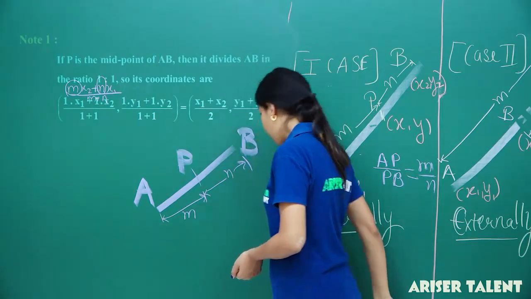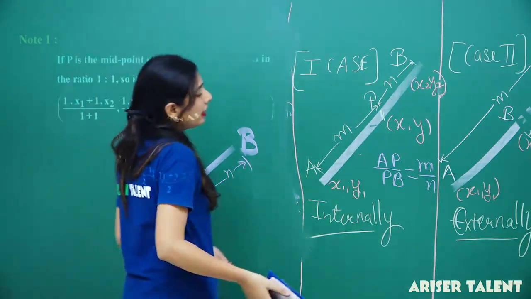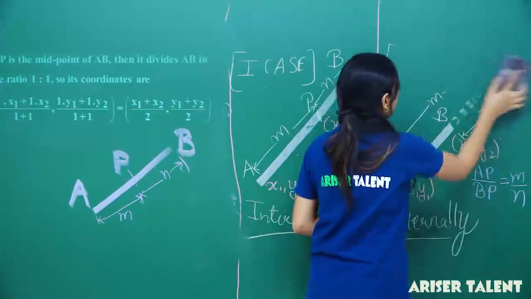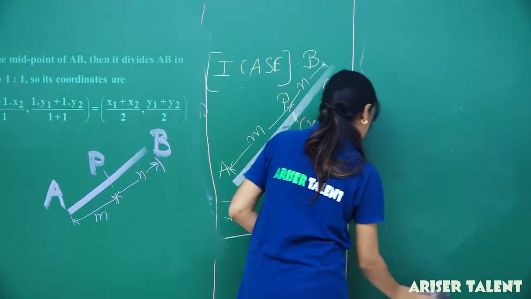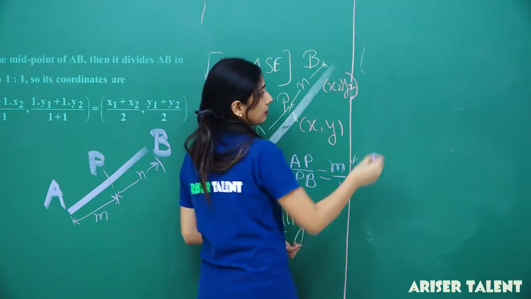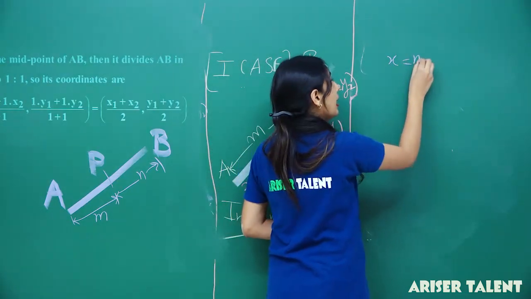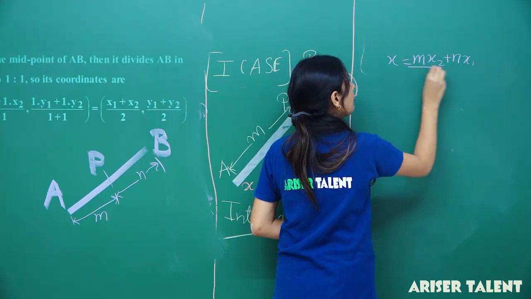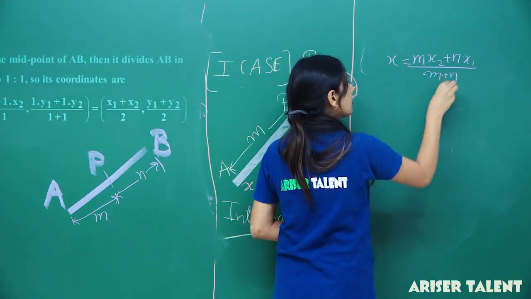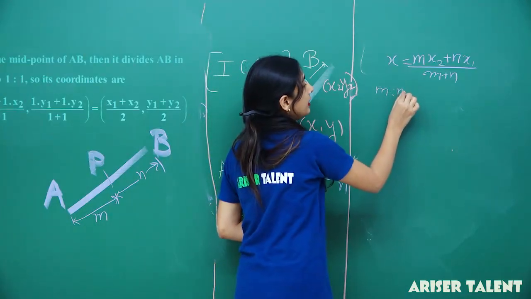Because why is it so? If you are not able to understand it, okay, let me clear this portion. I'll make you understand it here. Come this side, guys. X equals M X2 plus N X1 upon M plus N. Now M ratio N equals 1.